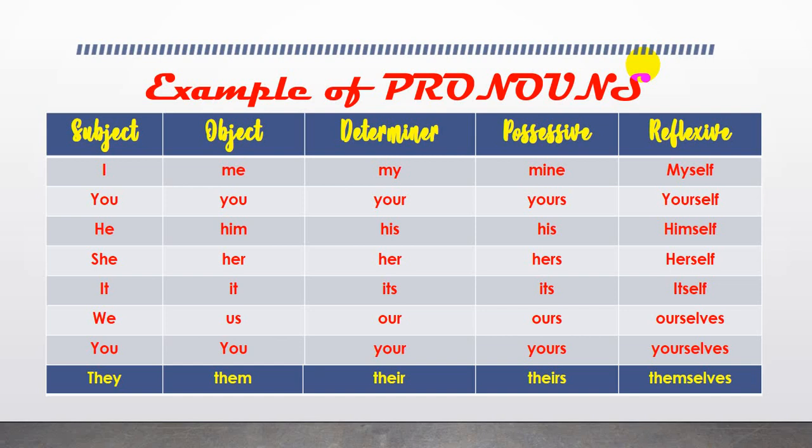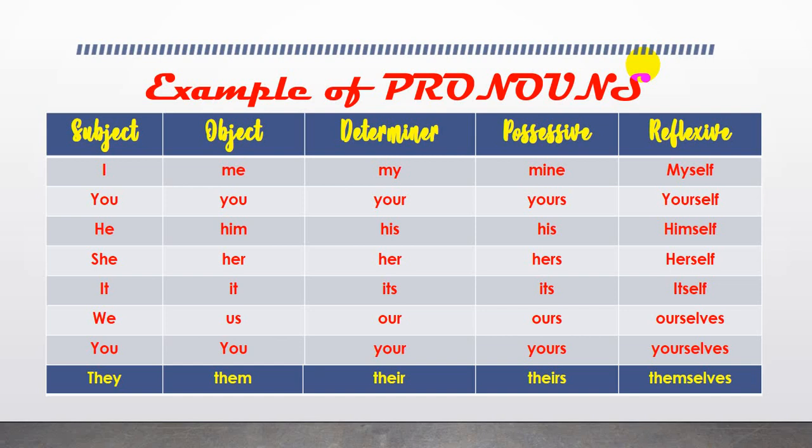Yeah, while in the possessive pronoun, you don't have to put a noun after the pronoun. Okay, we cannot say mine book, yours book. No, it should be just mine, yours, his, hers, its, ours, yours, and theirs.